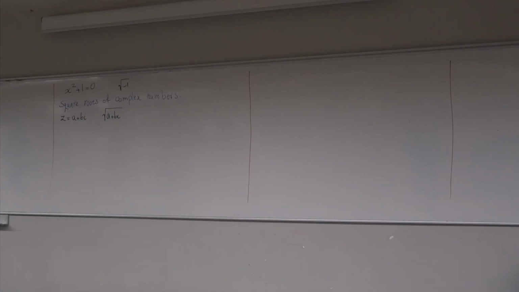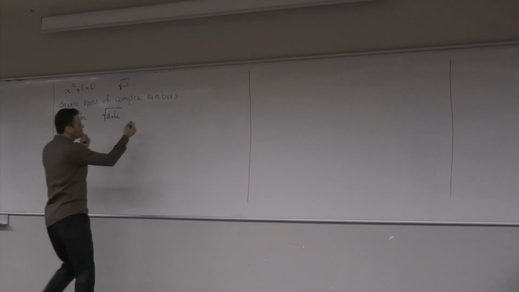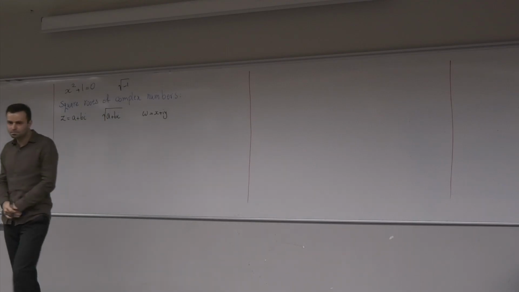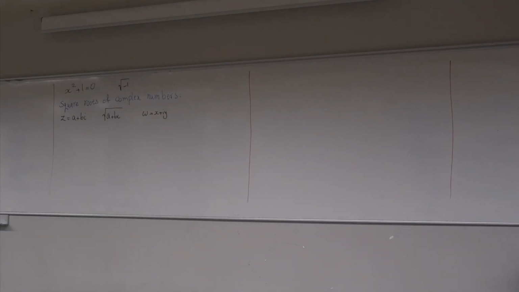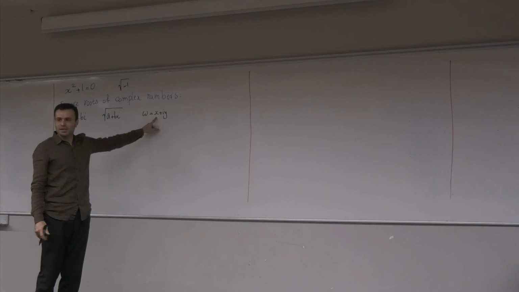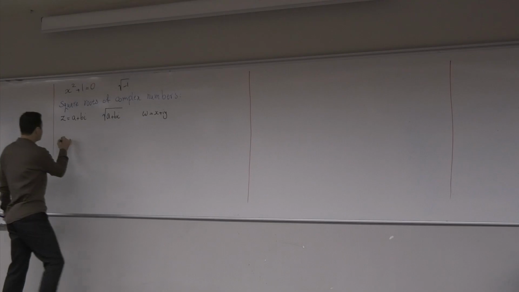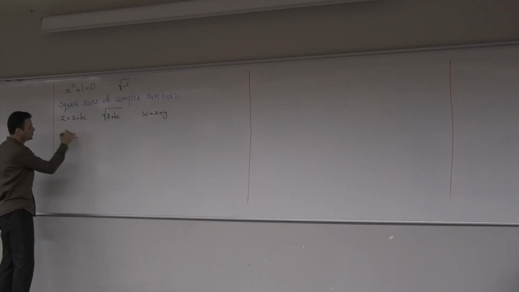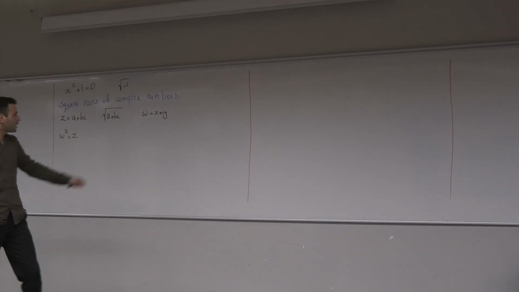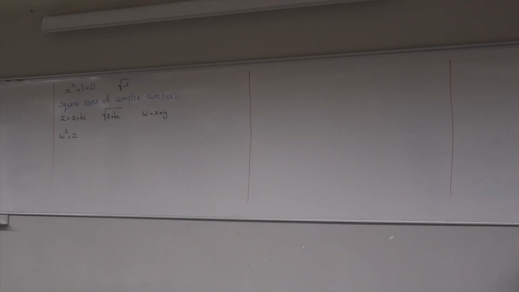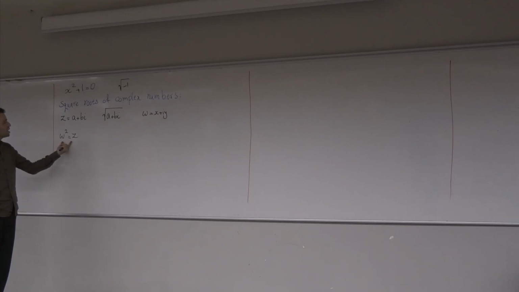We are trying to reverse engineer our way and say that, okay, let's assume that we have this w, which is in this form, x plus iy, and I don't know what it is yet, but if this is the square root of this number, which means that this w to the power of 2 must be equal to the z, then what should be my x and y in terms of this a and b? Okay? This is the meaning. If w satisfies this equation, it means that it's the square root for z, right? This is exactly the same meaning.